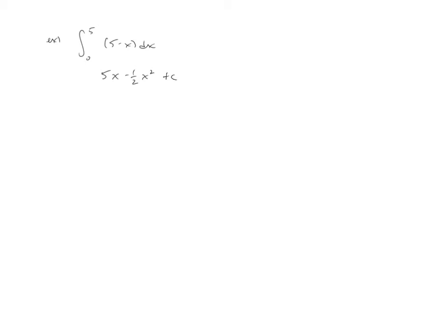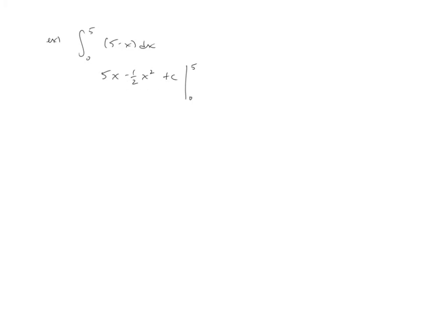and I'm going to have to circle back and talk about that here in a minute. But when we have now a definite integral, I'm going to say I'm evaluating from 0 to 5. And so what I'm going to do is take this expression evaluated at 5, minus this expression evaluated at 0.